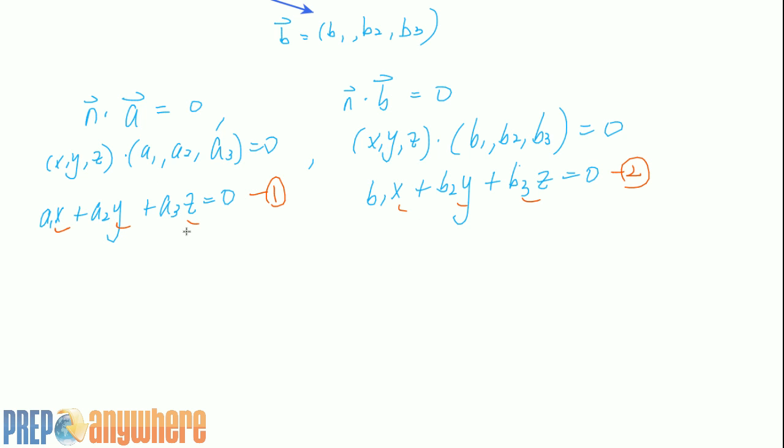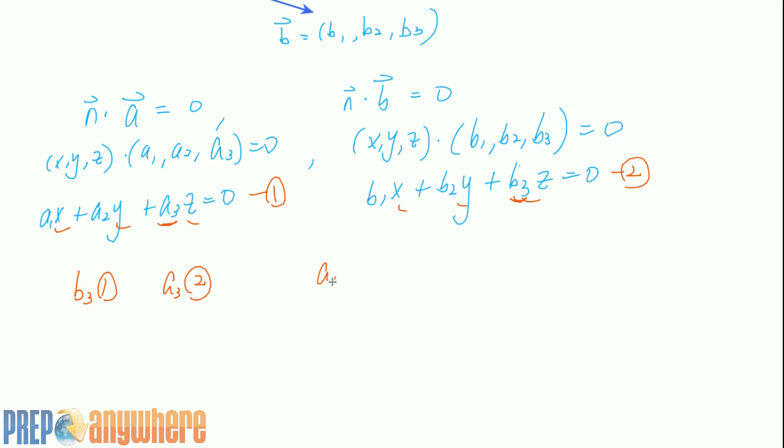Let's eliminate the variable z, and the way to do that is to match the coefficient. So for equation 1, if you just multiply by b3, for equation 2, if you just multiply by a3, let's see what we get if we do that.